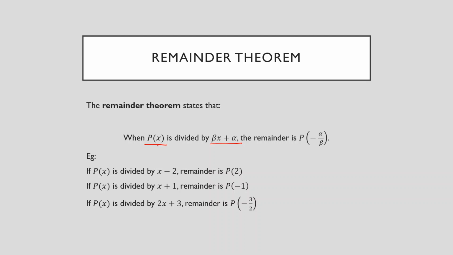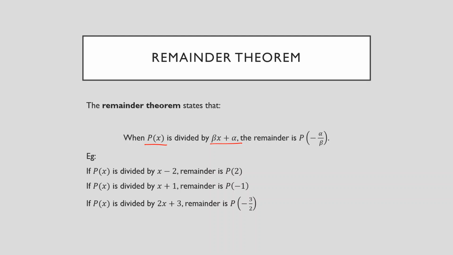Okay, so when we divide a polynomial by some linear factor, something x plus something, the remainder is going to be what you get when you substitute this quantity here, negative alpha over beta, into your polynomial.